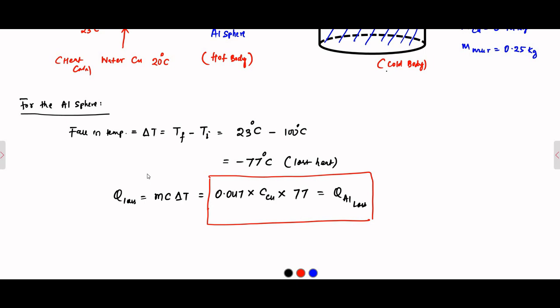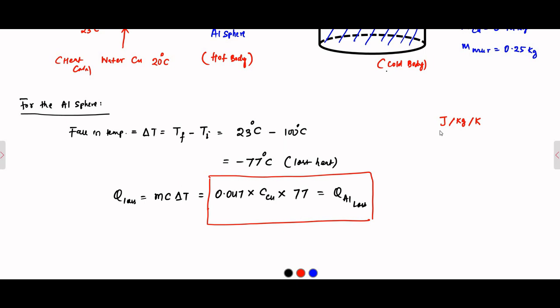Here one interesting thing you should notice is that the information related to specific heat is given in terms of joule per kg per Kelvin, but the temperatures are given in degrees Celsius.